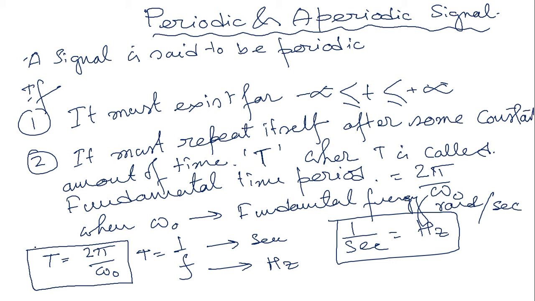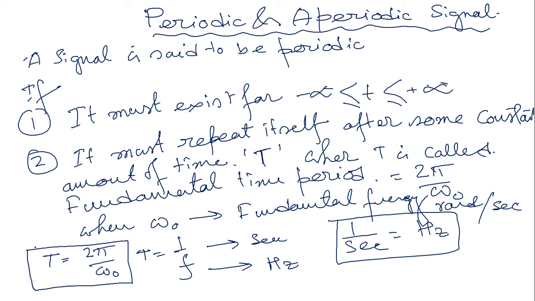Now the first point is that it must exist from minus infinity to infinity. Some signals exist from minus infinity to infinity, for example a sine wave.